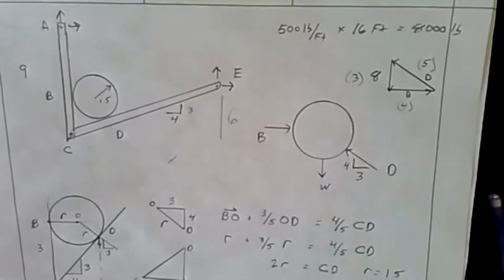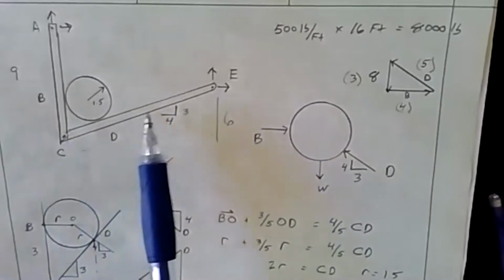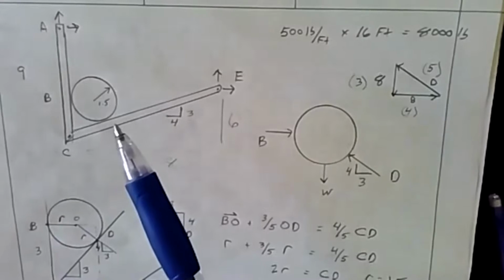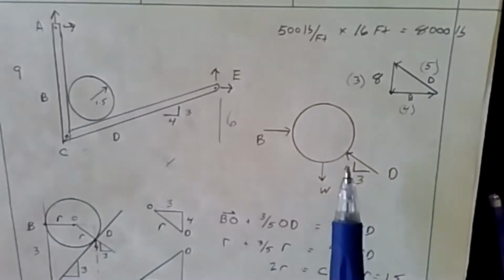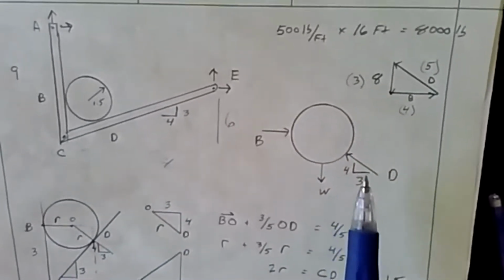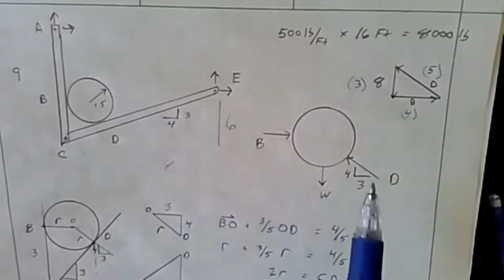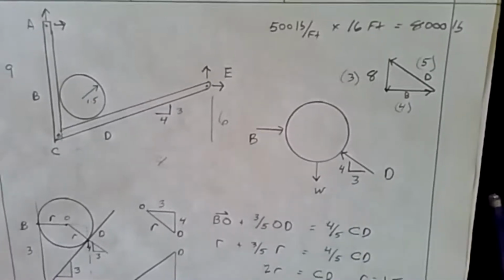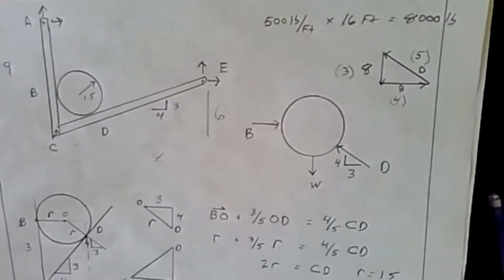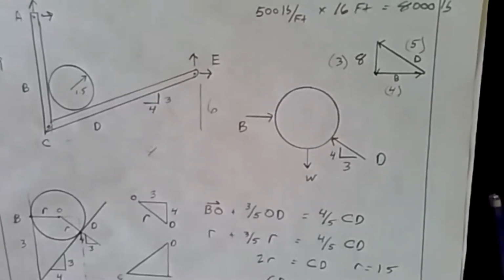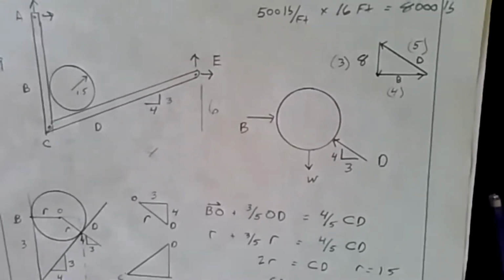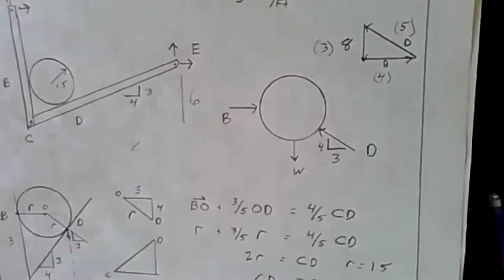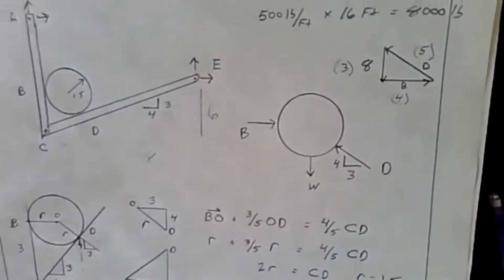Now, because this line here is a 3, 4, 5 triangle, the perpendicular line to it is going to switch. It's going to be a 4, 3 triangle instead of a 3, 4. This is the same as when you have a slope and want to know the line perpendicular to it: you take the negative reciprocal of the slope. If the slope's 3/4, the slope of the perpendicular line is -4/3.